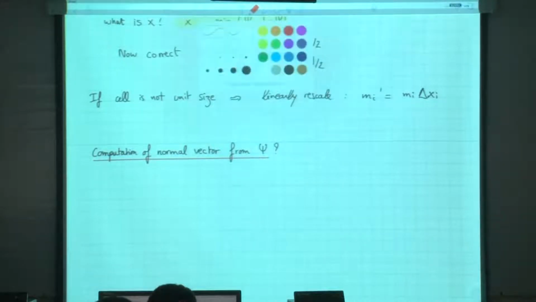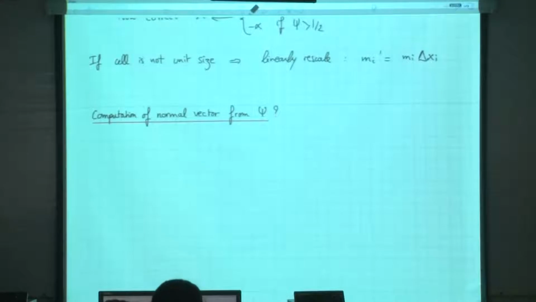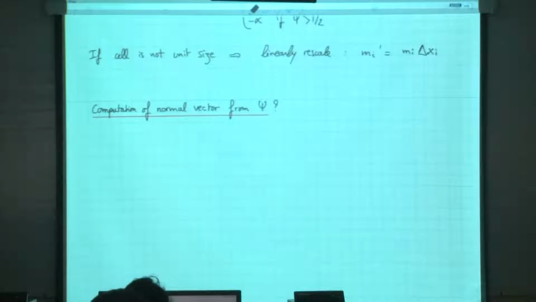So to do this, we will allow ourselves to look around. Look around meaning we're going to look at our neighbors. So we're going to start to look at what is the local variation in volume fraction, and this will help us obtain a reasonable answer to that question.